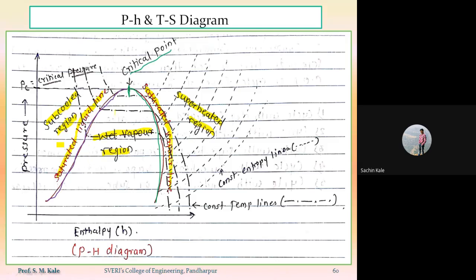In between the saturated liquid line and the saturated vapor line is the wet vapor region, also called a liquid vapor mixture. After the saturated vapor line is the superheated region. And the point at which the saturated liquid line and saturated vapor line intersect each other is called the critical point.